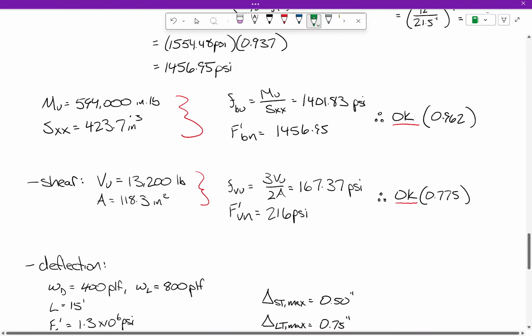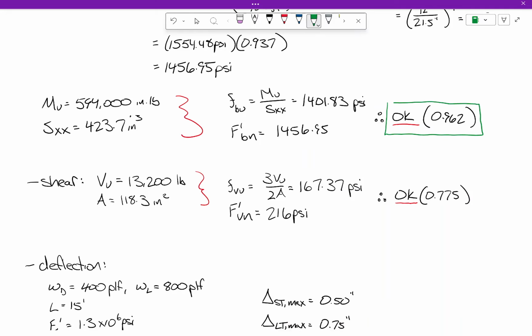We should also note that the highest performance ratio we got was the one for bending, and that was pretty high, 0.962. If that value is 90% or better, that means this is a pretty optimal design.